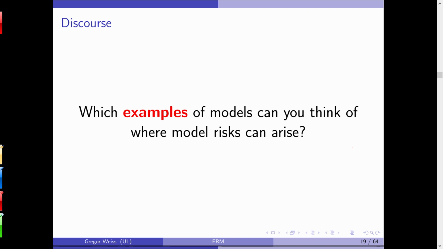And this is quite interesting. There is a colleague at the London School of Economics, John Danielson, who has written some papers on model risk. One paper is, I think, called The Model Risk of Risk Models.